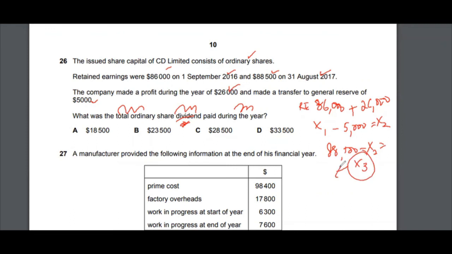And then this X3 is basically the dividend paid. For the sake of giving you the answer, the X3 should come out as 18,500, and the correct answer to multiple choice 26 is going to be option A.